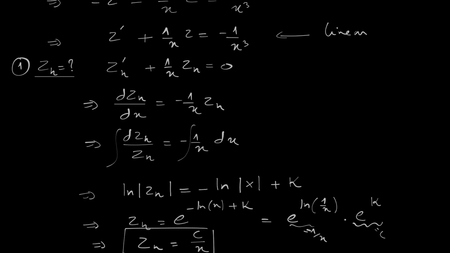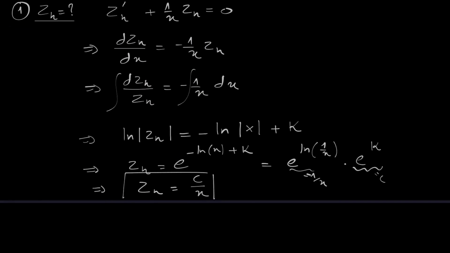Now we pass to the next step, which is finding the particular solution using the constant variation method.